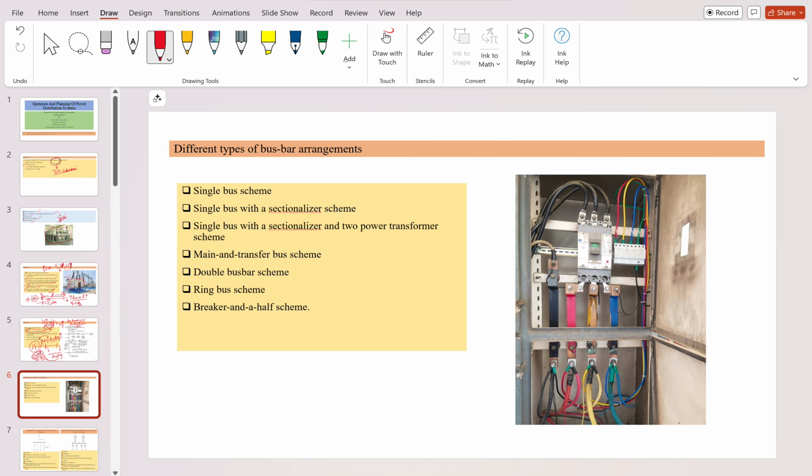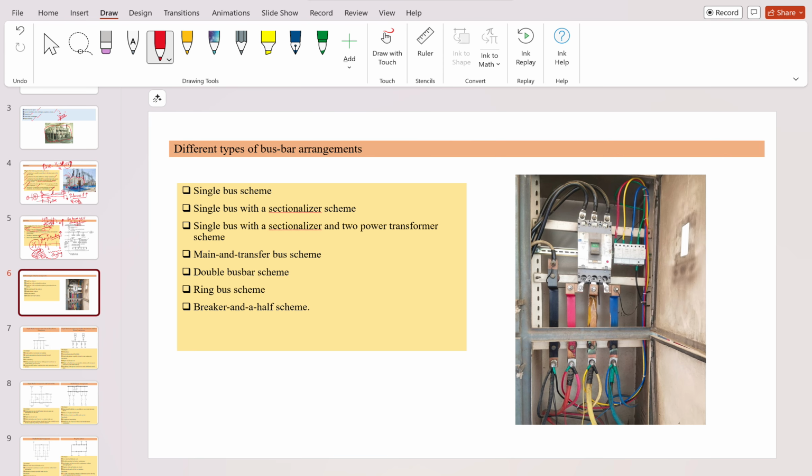I wanted to explain this here, because the bus bar arrangement was quite confusing. It was explained in the video lecture, but I wanted to explain it further.